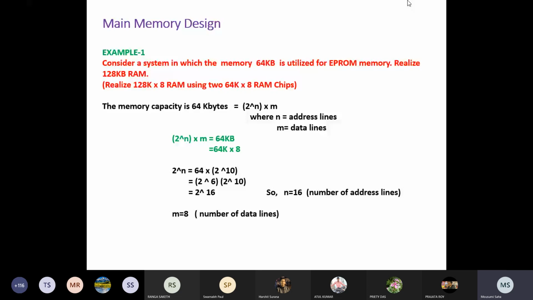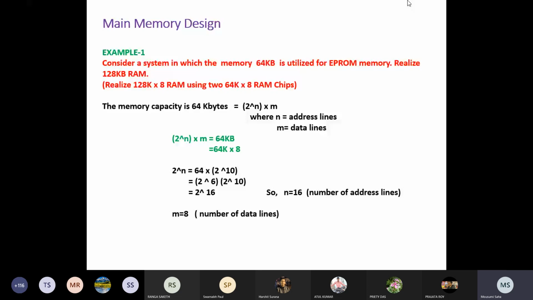Now, the memory capacity given here is 64K with capital B, which means bytes. 64K bytes can be represented as 2 to the power 6 into 2 to the power 10. We represent it with 2 to the power n into m, where n equals the address lines and m equals the data lines. For the first part, 2 to the power n is 64K.